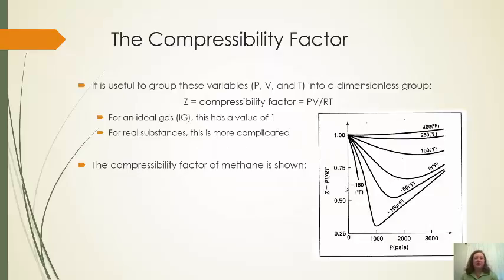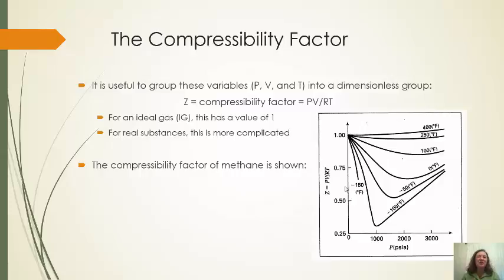So you've probably been introduced to the compressibility factor, but maybe this is new. So what happens is we can take that ideal gas law concept and take the specific volume version of it. So I divide both sides by number of moles, and then PV equals RT is the ideal gas law.